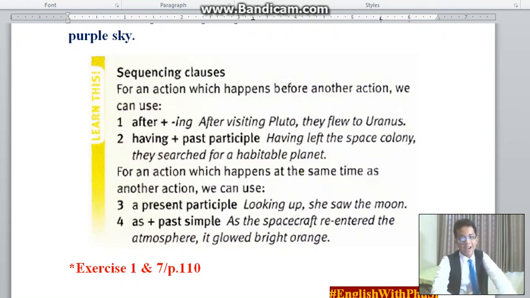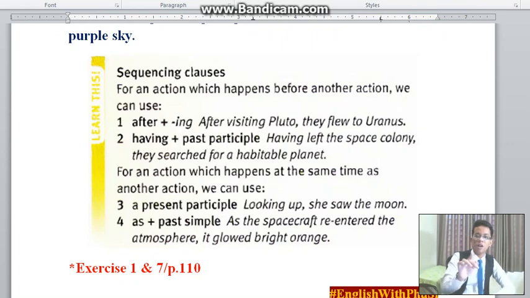For an action happening before another action, we use after plus verb ing, or we can also use having plus past participle. We can have a sentence like the one over there on the screen: 'Having left the space colony, they searched for a habitable planet.'